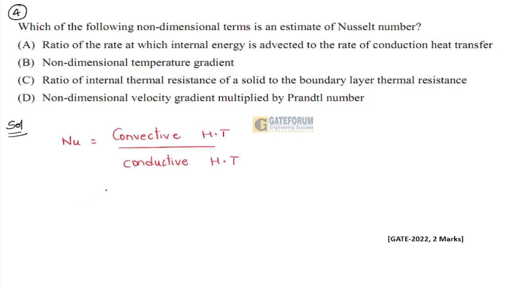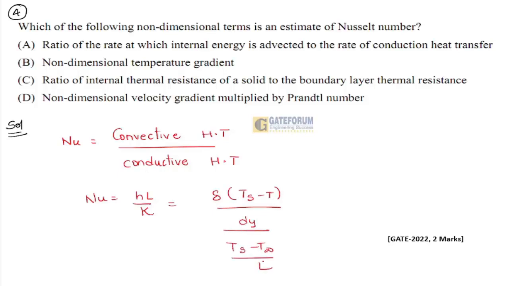So Nu is equal to hL by k, which is delta T by Ts minus T infinity, dy by L. Your Biot number is the ratio of conduction resistance to convection resistance.